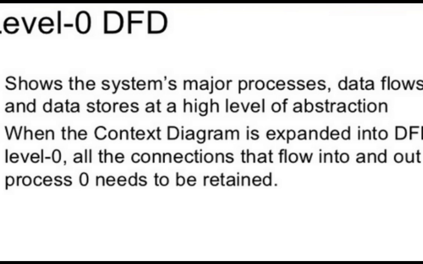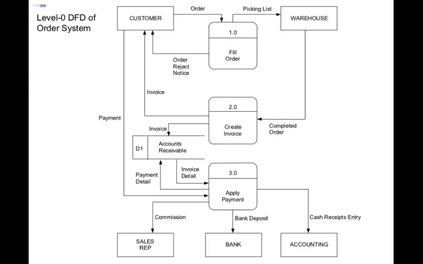Actually, level 0 DFD is the expansion of the context level diagram. In the context level diagram, there will be only one process, whereas here, more connections and more flows into and out of the process will be described. In the level 0 data flow diagram of the order system, all the major submodules will be represented along with all possible entities.